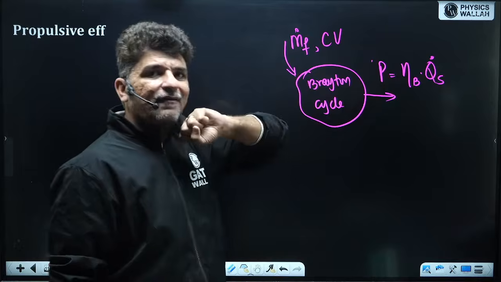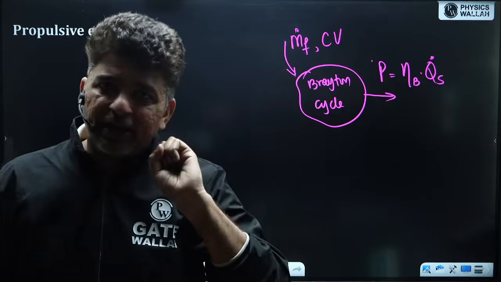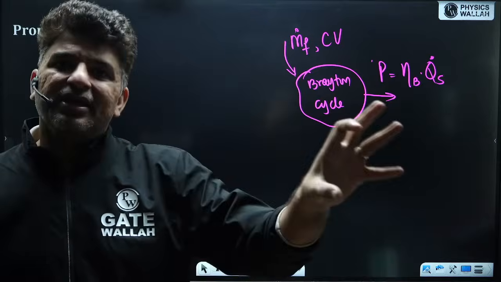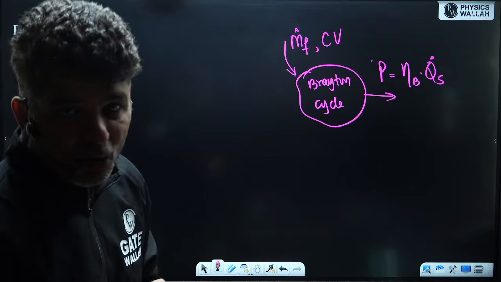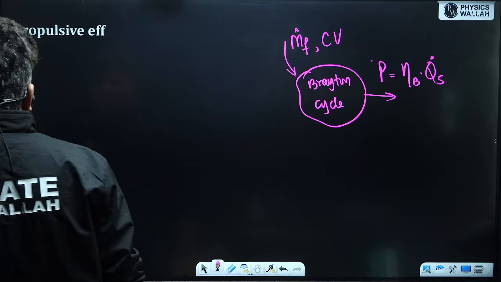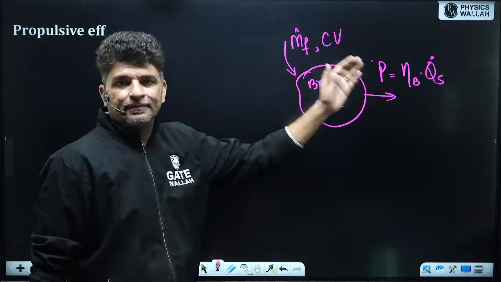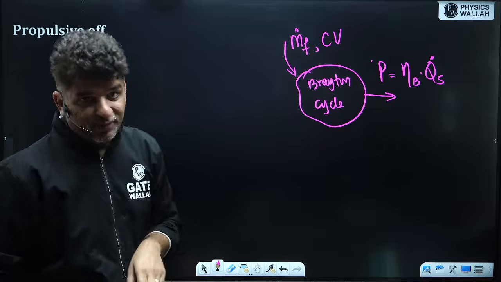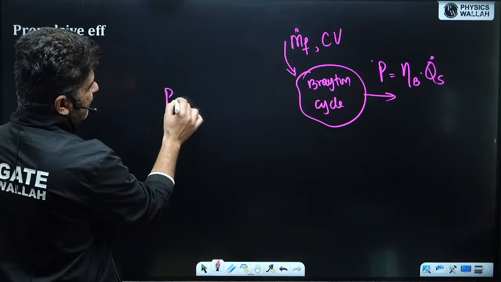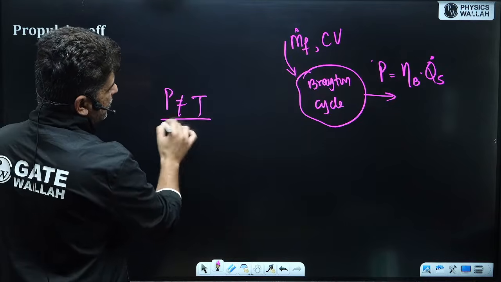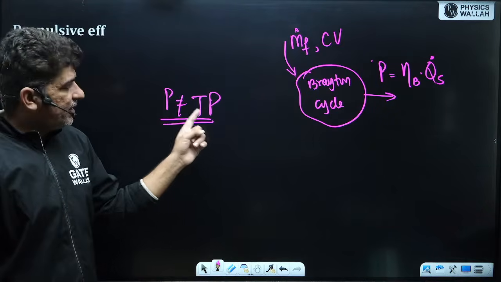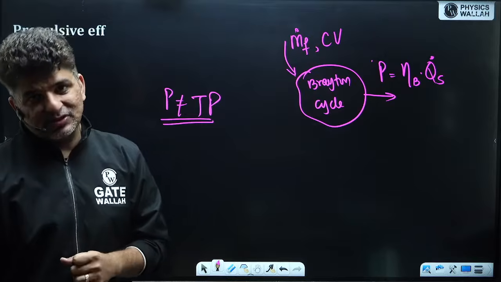This power is transferred either to a fan, or to a propeller, or in case of a jet. Now we need to see what is the efficiency with which this power is converted into thrust, because whatever power your engine develops will not be equal to the thrust power.